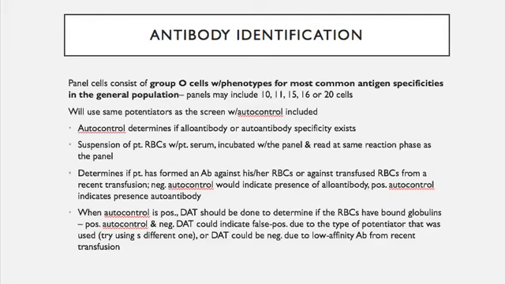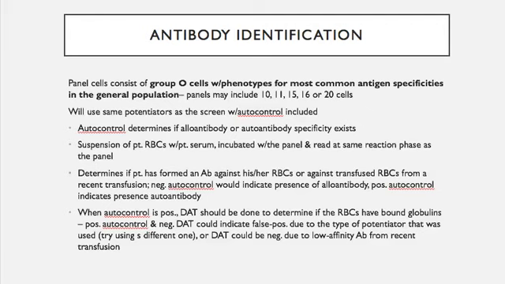You would use the same potentiator as the screen with an autocontrol included. And again, the autocontrol is just going to help us determine if it's an allo antibody or an autoantibody. So you've got a suspension of the patient's red cells with the patient serum incubated along with the panel cells, read at the same reaction phases as the panel.